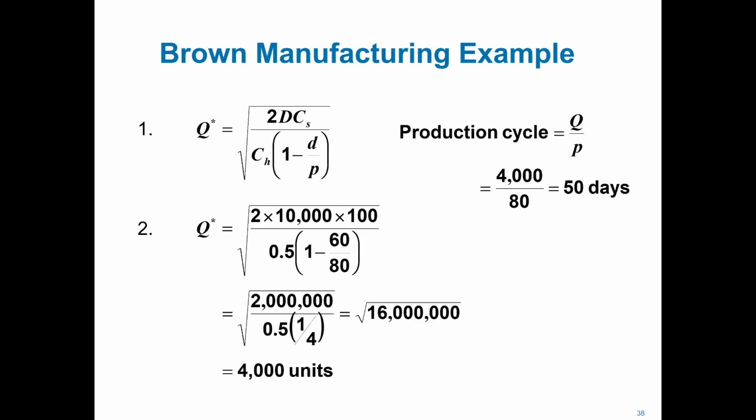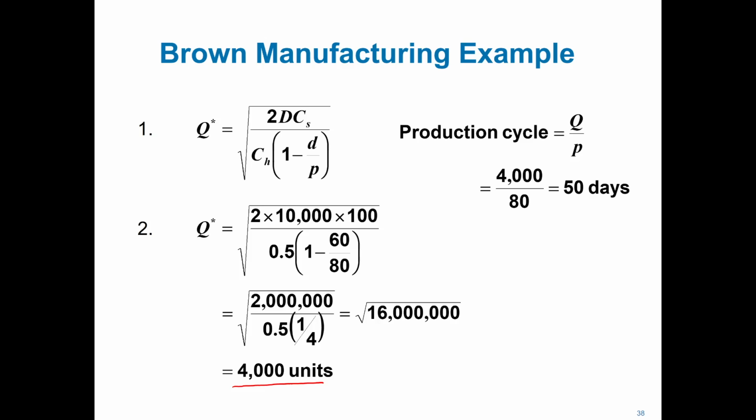Then we can just apply our model. We have Q naught is equal to the square root of 2 D CS over CH into 1 minus D over P, and just plugging in those values, what we get is the optimal quantity of 4,000 units.